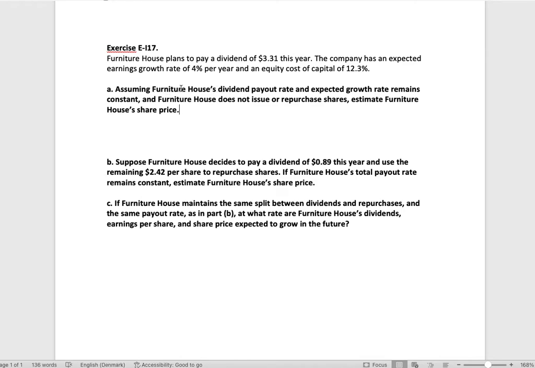And there are some assumptions. Payout rate and expected growth rate remain constant, which is important, because then we can use the constant dividend growth model, which is as follows.